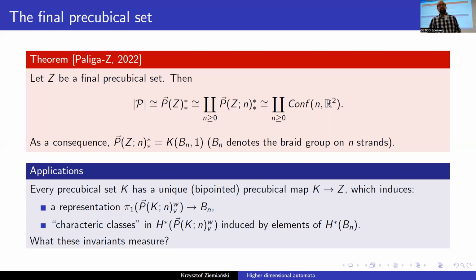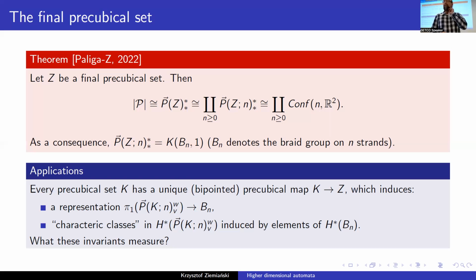For example, the homotopy fundamental group has a representation in the braid group. Or you can pick an element in the cohomology of the braid group. You can pull this element back as an element of cohomology of your path spaces, and this way you get characteristic classes of some kind. What these invariants mean, I have no idea, but maybe they have some meaning.